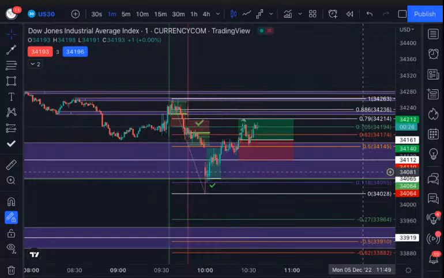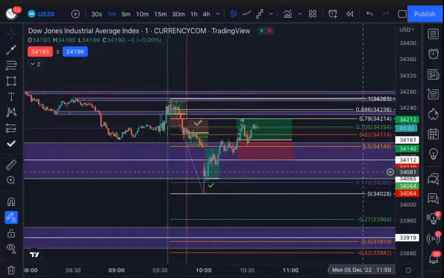So my entry for that buy was, that was 30, 29, 28, 27, 26, 25, 24. I entered on the opening of the 10:24 candle. So that was my zone. The top of my zone is right below that open. The 10:23 candle closed above the zone that I had.